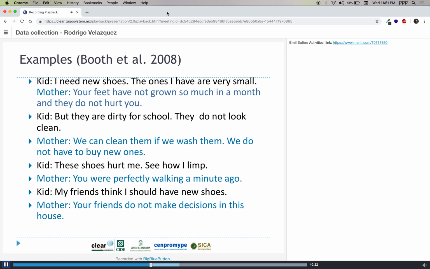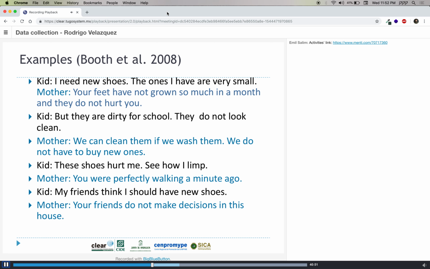And finally, in this example, the kid includes his friends. He says, my friends think I should have new shoes. And then the mother says, okay, your friends do not make decisions in this house. So in this case, we're saying that the kid is trying to include his friends, these testimonies that are going to help him to achieve his objective.